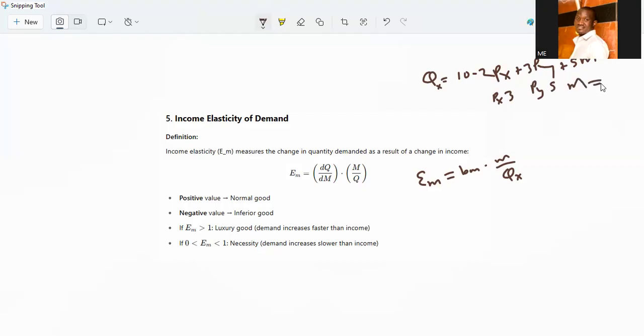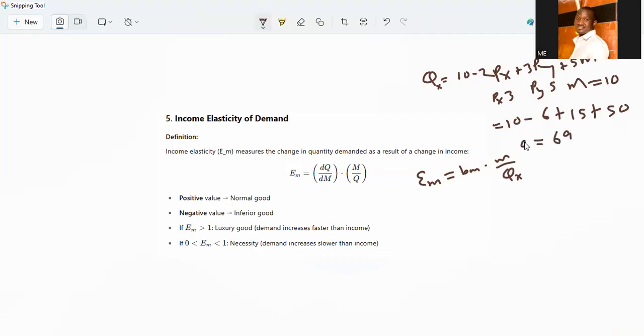So to find the quantity, we first substitute everything in there. So this will be 10 minus 6, 3 times 2 is 6, plus 3 times 5 is 15, plus 10 times 5 is 50. So here it is 65 plus 4, 69. So this is the overall what?